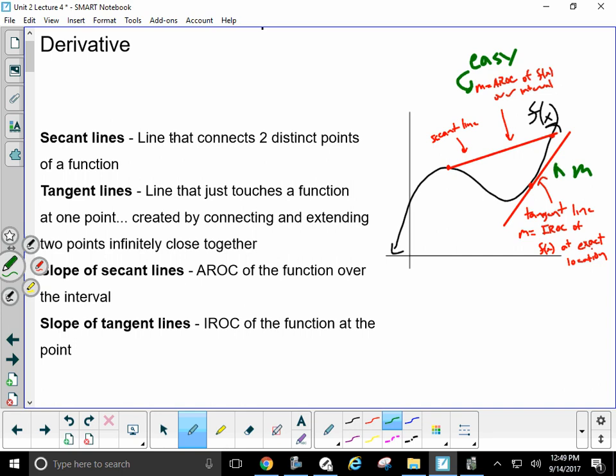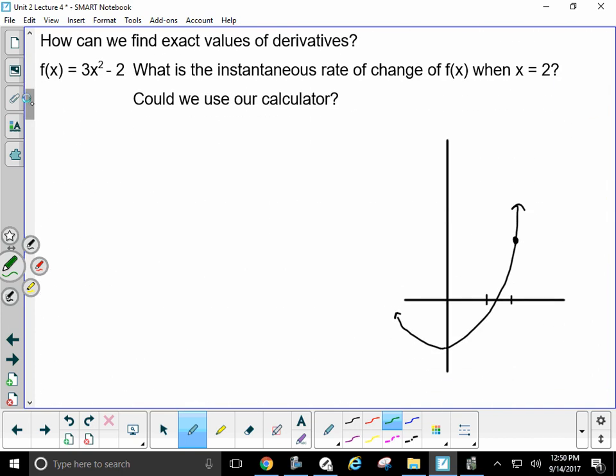We talked about approximating it somehow. And we said, take two points close together to a single location. Those would be good approximations. Well, the closer and closer and closer you get, the better and better your approximations until you essentially have the exact value. So the question is, what is this value? What is the exact value?